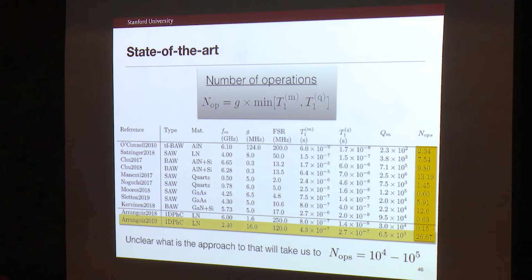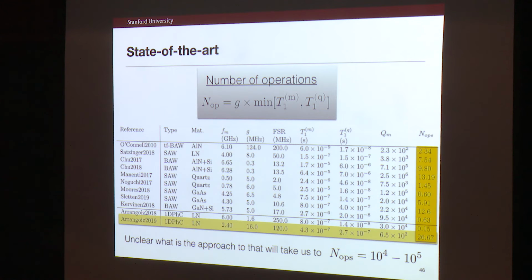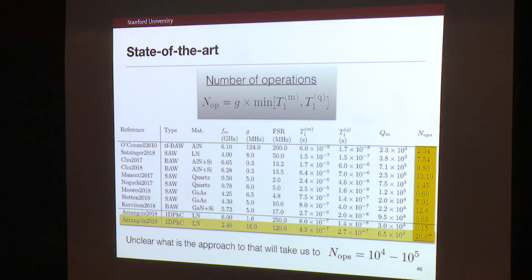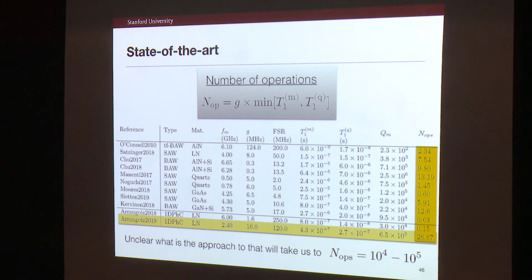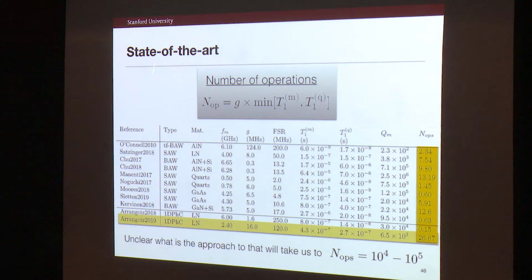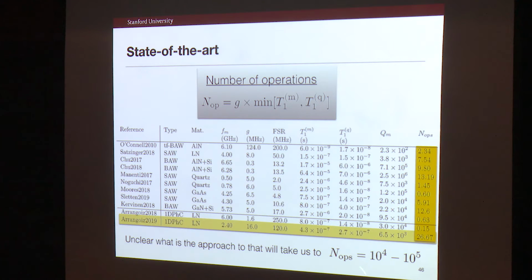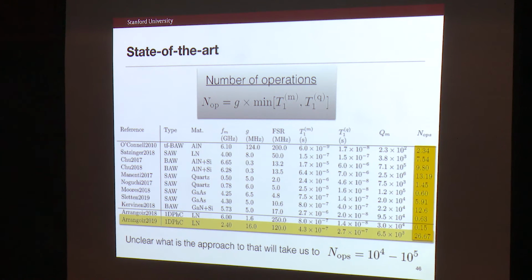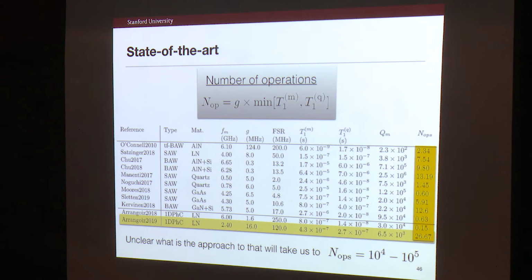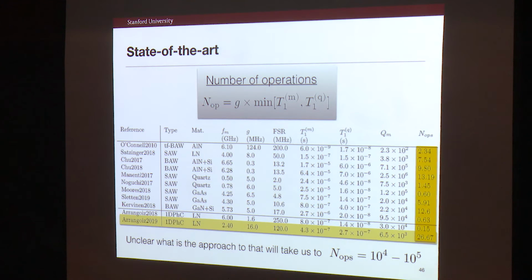This might not look like a lot of advance over 10 years, but I think these new approaches from our group and from several other groups are very different from the initial approach, and they have a lot of room for improvement. So I'm quite optimistic that we'll be able to get to these 10 to the 4, 10 to the 5 numbers in the next few years, and that could give us an order of magnitude increase in the quantum volume of these microwave systems. And after all, you just need a few orders of magnitude, right?